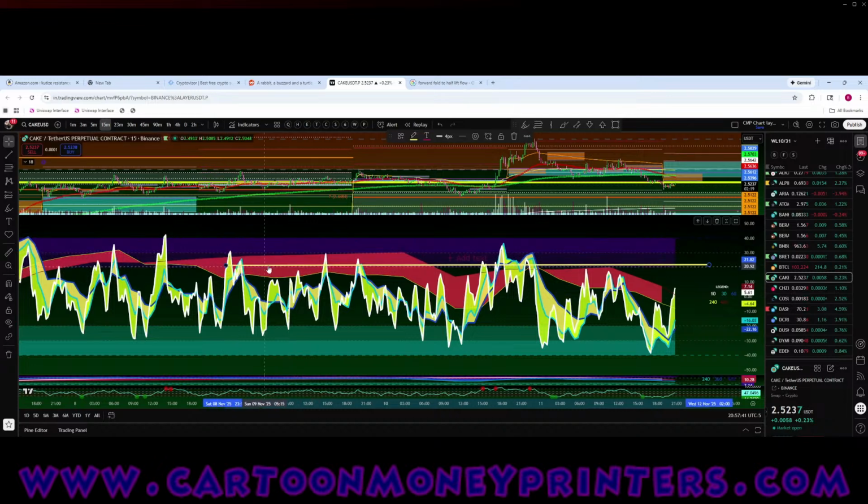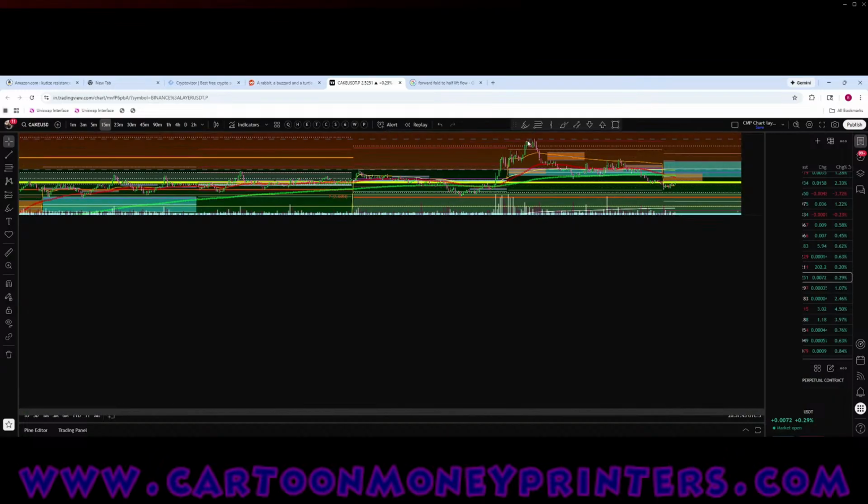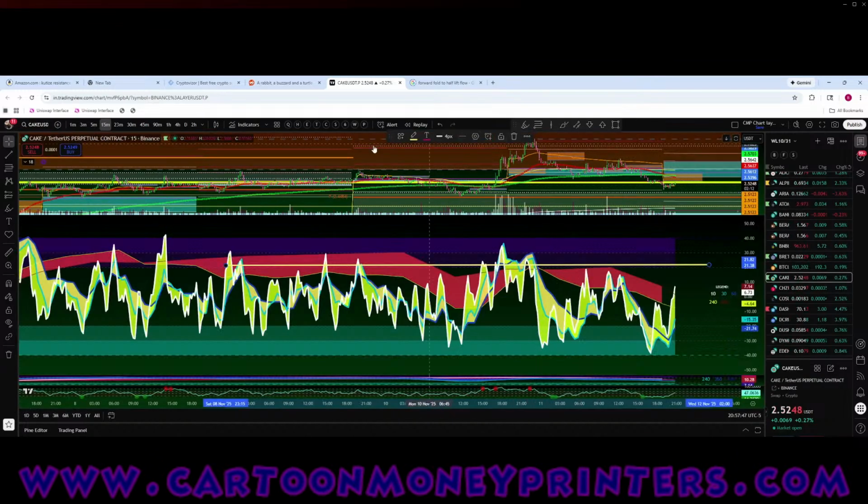And here's the 4 and 8 hour momentum. Then here, price went significantly higher, and while it did so, the 4 and the 8 hour ribbon could barely get up to the middle of where it was in the past.